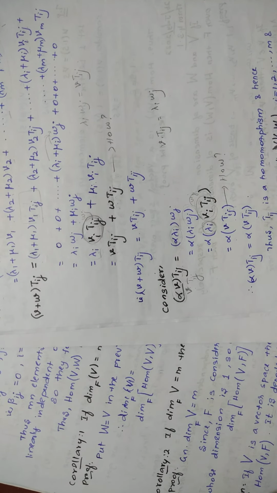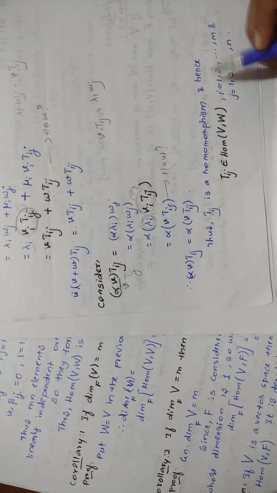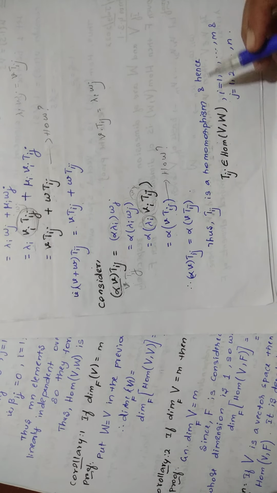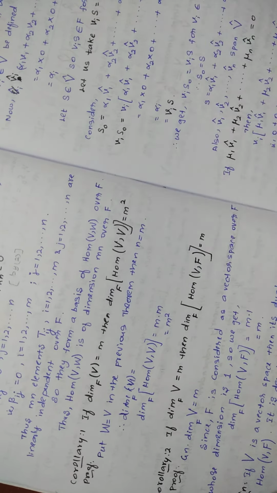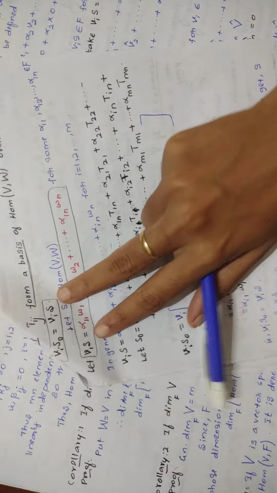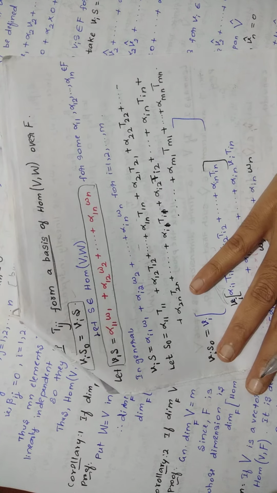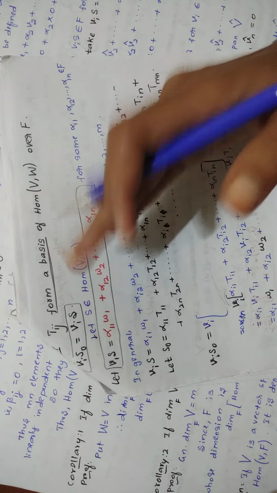Thus Tij is a homomorphism and hence Tij belongs to Hom(V, W). So if two conditions of homomorphism are satisfied, then you can say our mapping Tij belongs to Hom(V, W). Now you are going to say that Tij form a basis of Hom(V, W) over F.